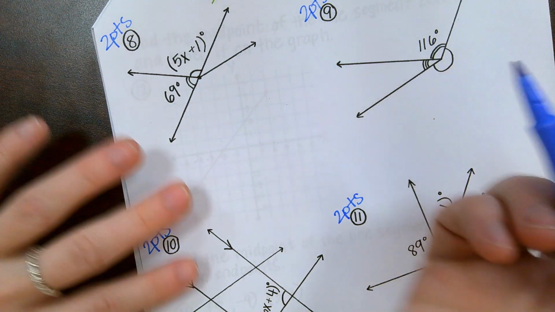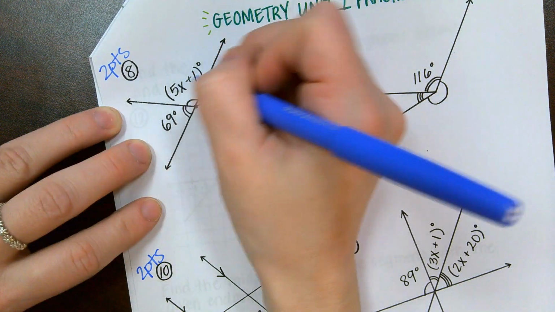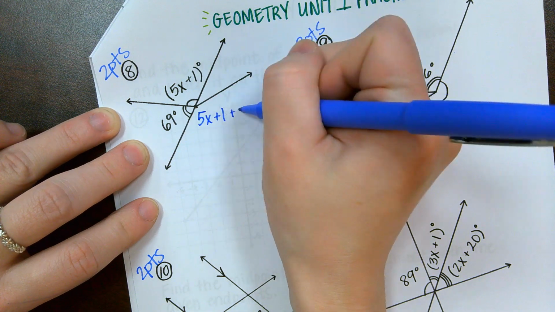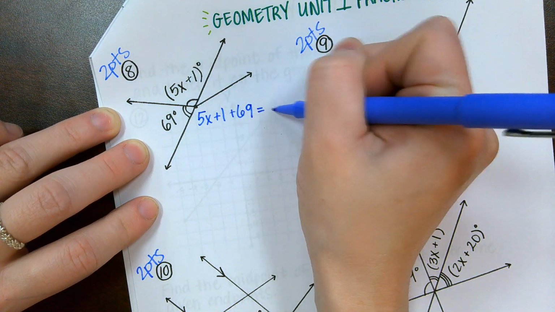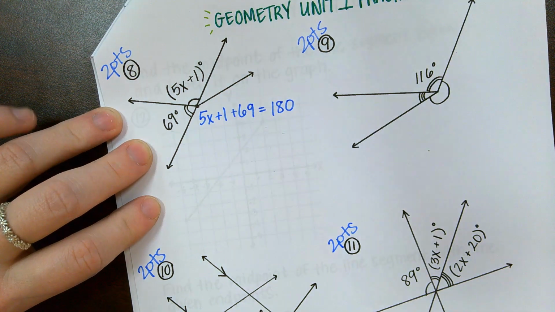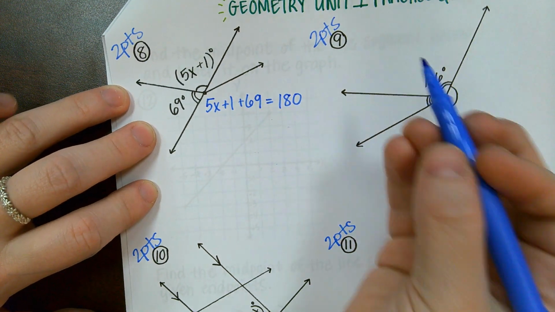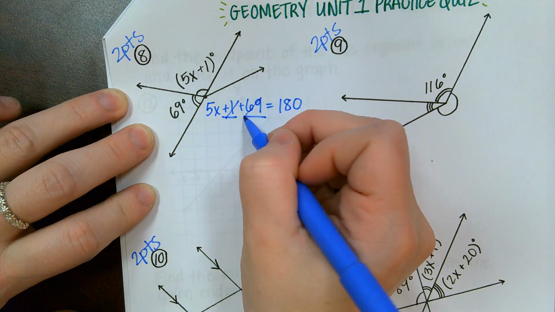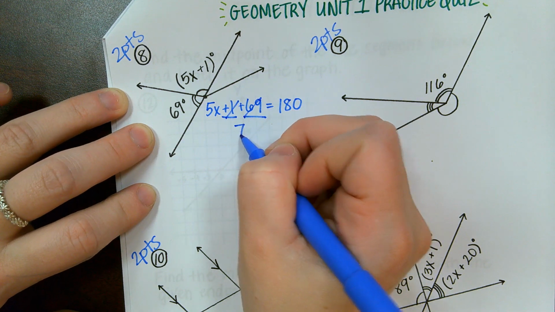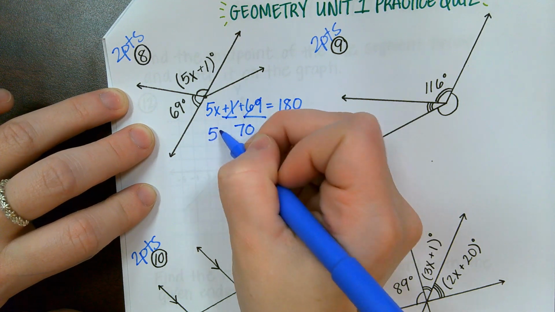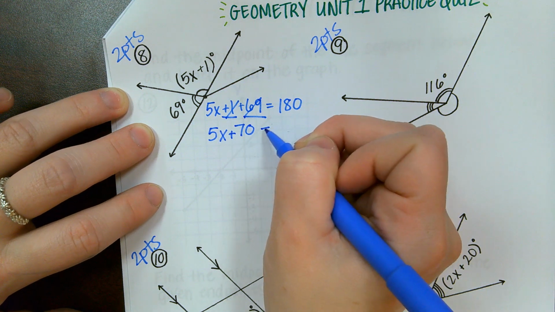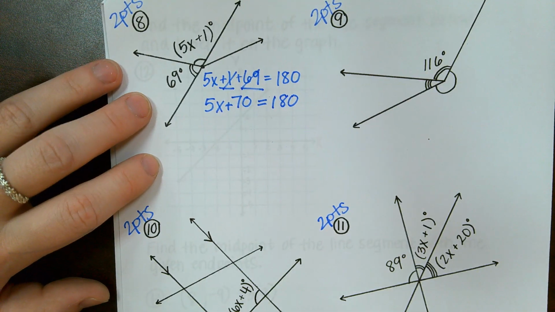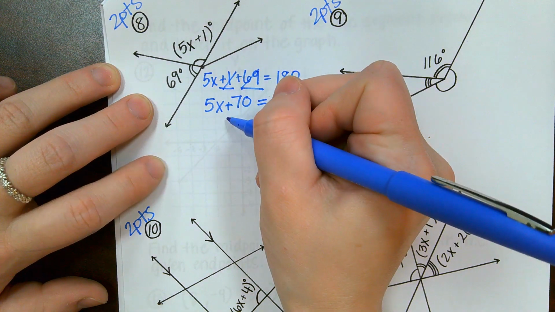So let's do that and see if we can solve for x. 5x plus 1 plus 69 equals 180. Now I've got some like terms. Plus 1 and plus 69, those are going to add together to make 70. Bring down my 5x, bring down my equals, my 180. Now we're just going to solve like normal.